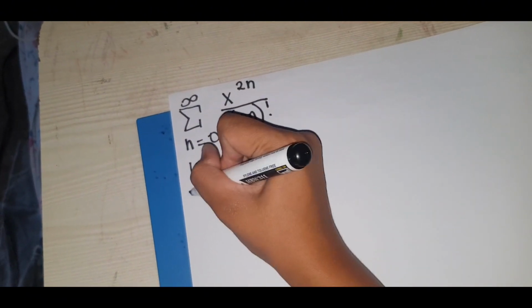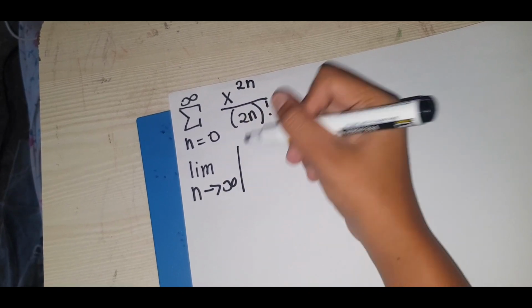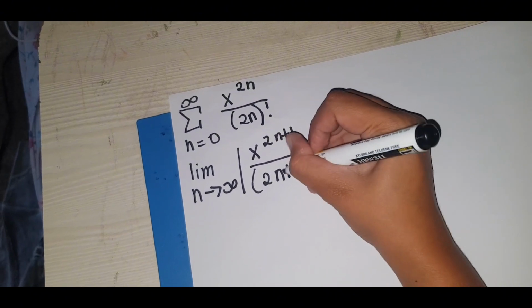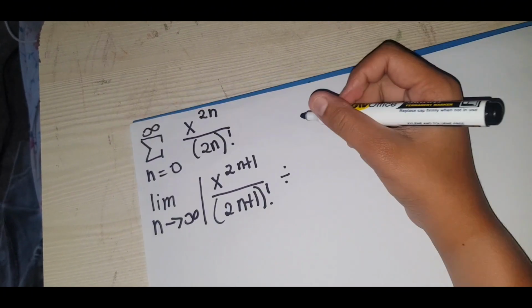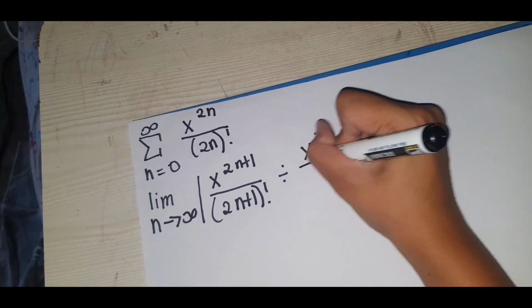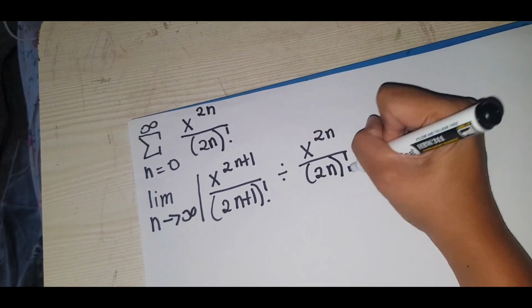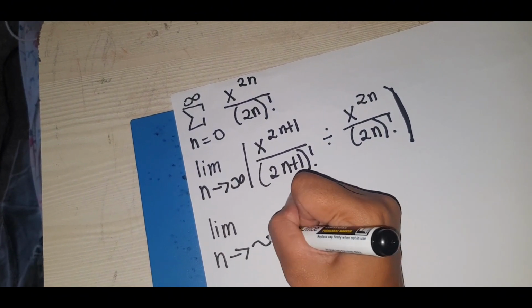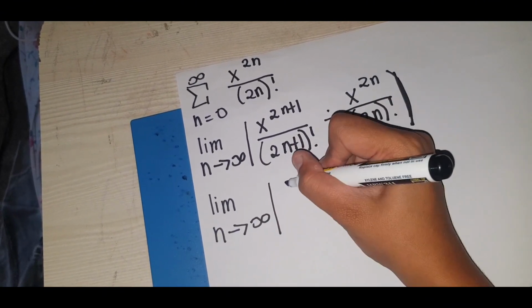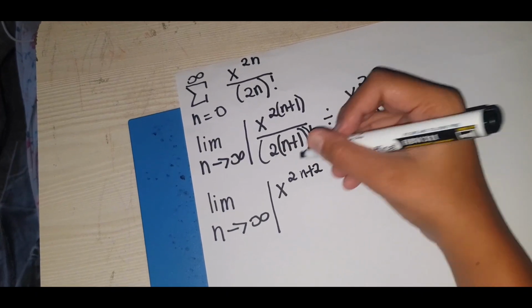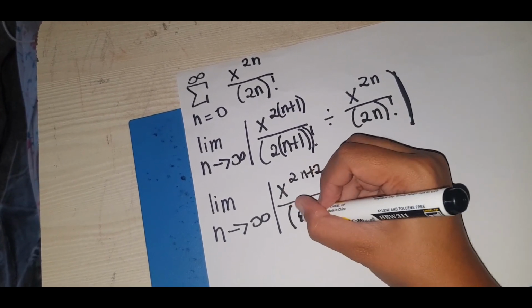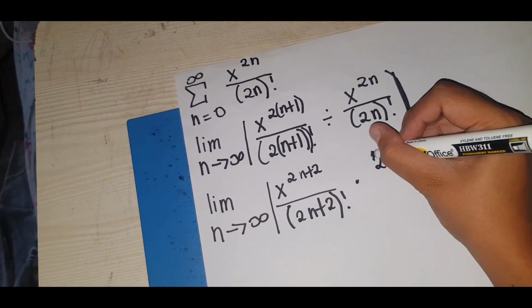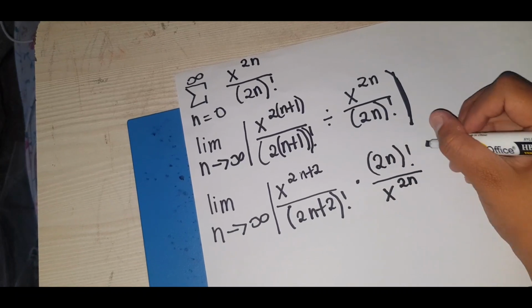We take the limit first: x raised to 2n plus 2 over 2n plus 2 factorial, divided by x raised to 2n over 2n factorial. So we combine it, then multiply by the reciprocal of the given, 2n factorial over x raised to 2n.